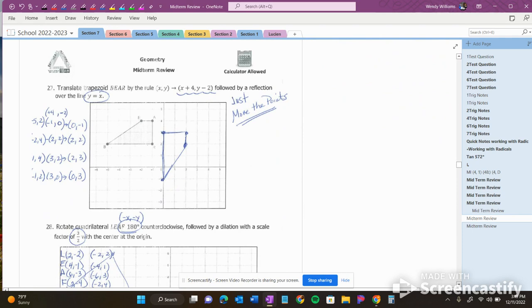Translate the trapezoid by adding 4, which means you're going to the right, and subtracting 2, which means you go down. Just move the points. And over on the left-hand side, I did each one for you.